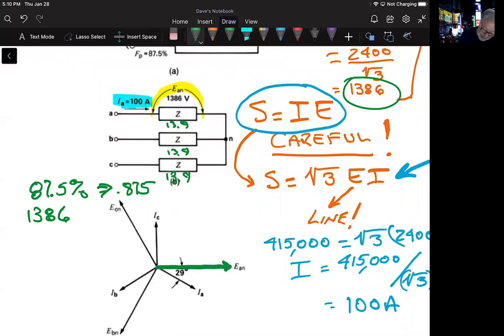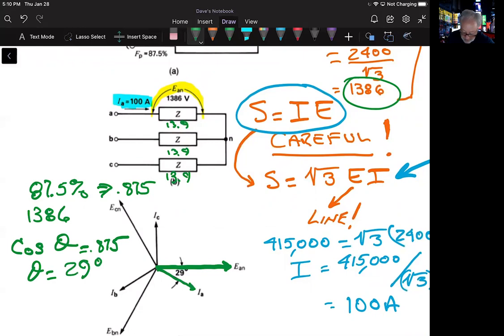And the corresponding line current of 100 amps, this guy, is going to be this formula: cosine of the angle equals the power factor equals 0.875. Inverse cosine of 0.875 is going to give us 29 degrees.